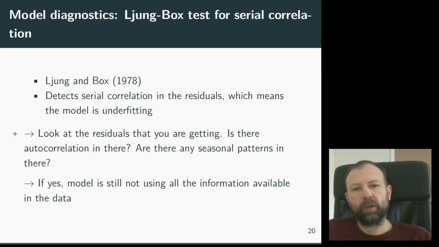If yes, then your model is not using all the information in the data available, and you should build a different model or pick a different model, right? So the idea is just do the normal random fold cross-validation to detect overfitting, detect the underfitting with the Ljung-Box test, and in that way you can actually use all the data and any machine learning implementations for model selection.